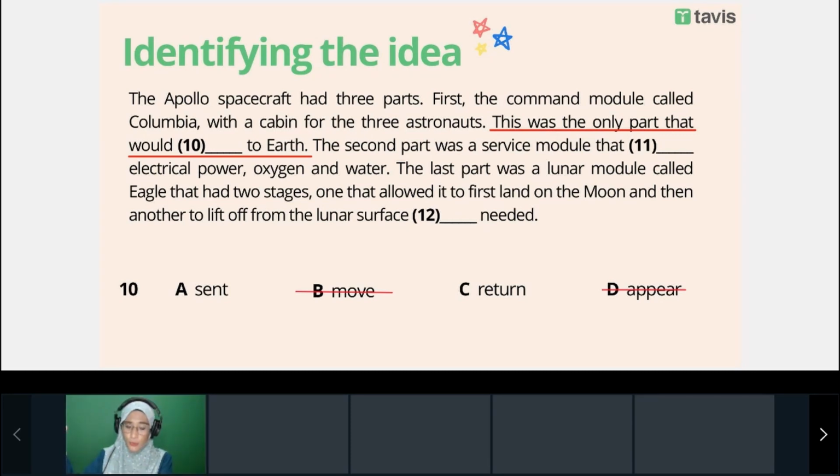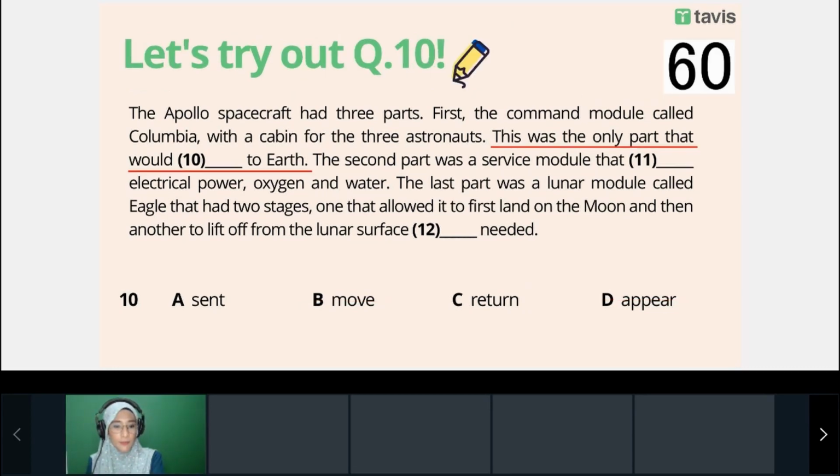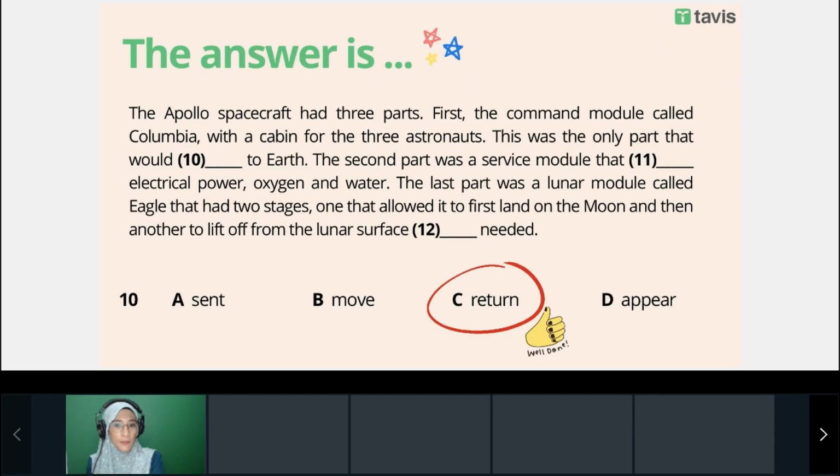It's like you take it from the moon to the Earth, or is it return? I would say the answer is return. If you got return, well done to you.